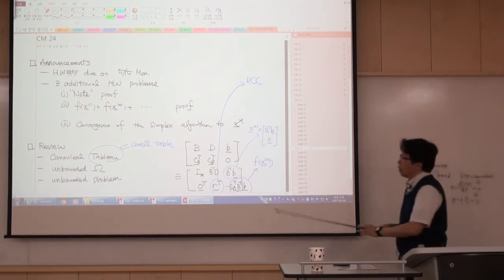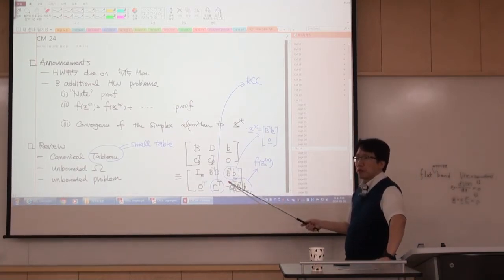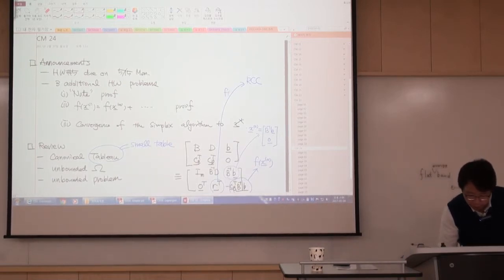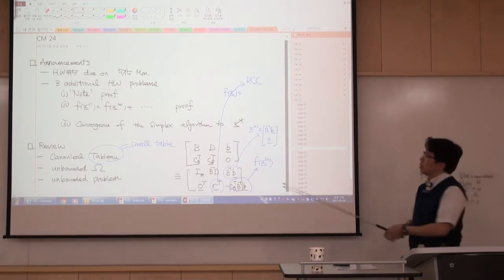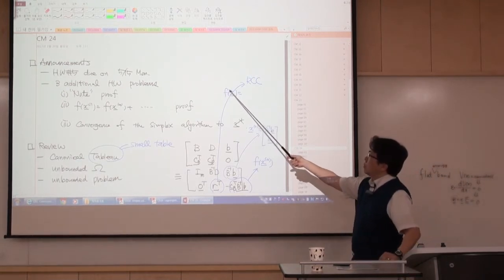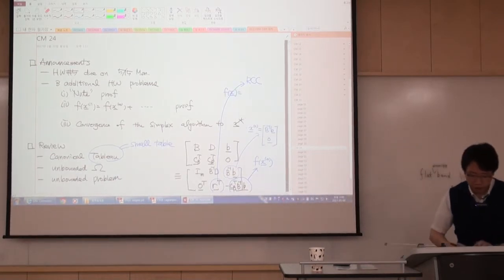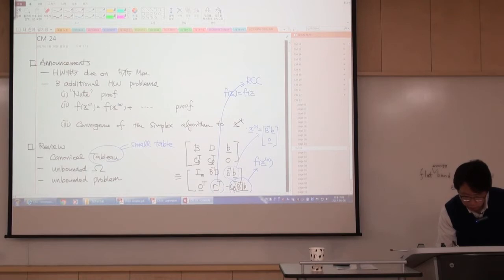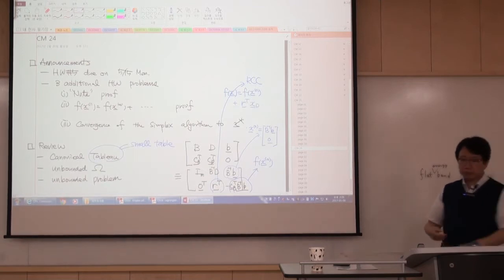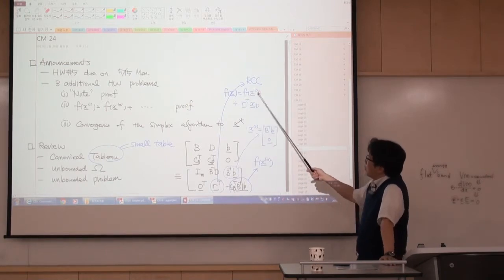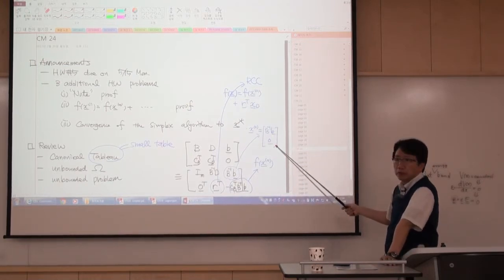What does this mean? Why is this called relative cost coefficients? Because, as we've seen already, any feasible solution x evaluated for the objective function f of x can be written in this way. Now, as you see, the x0 has this part all 0.